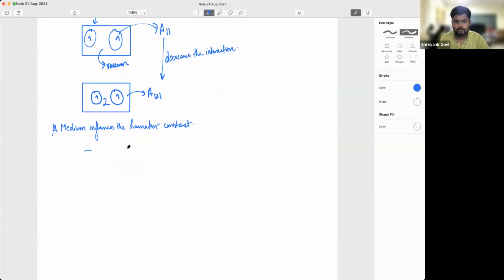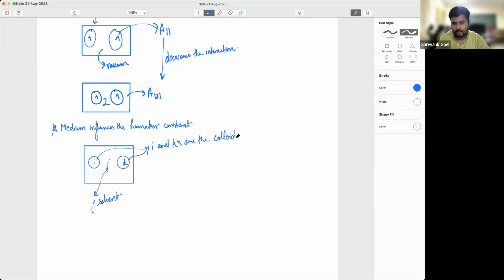So let's say this particle is I, this particle is K, and this medium is J. J is the solvent, and I and K are the colloidal particles.